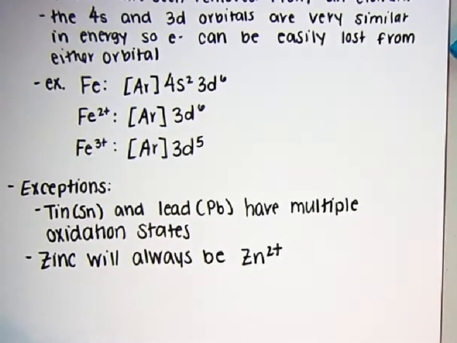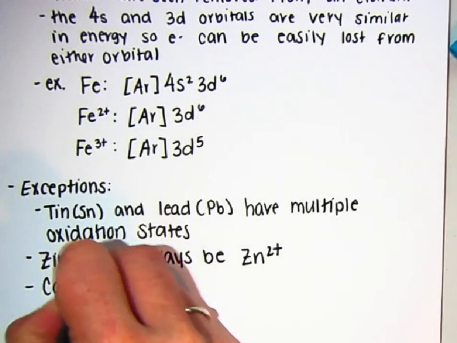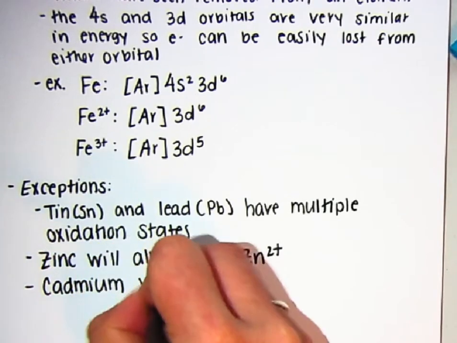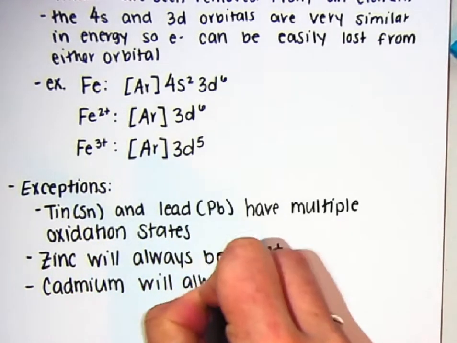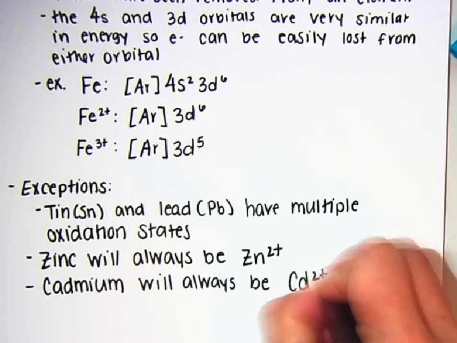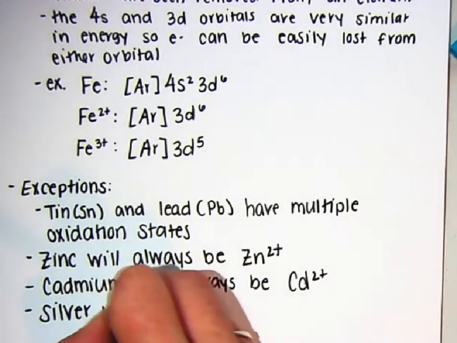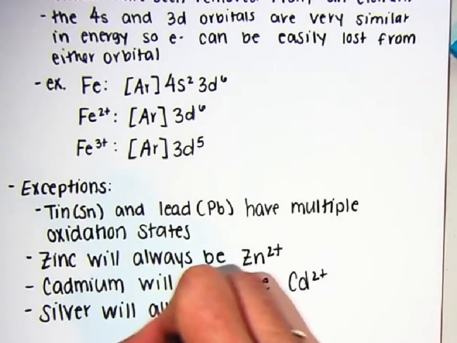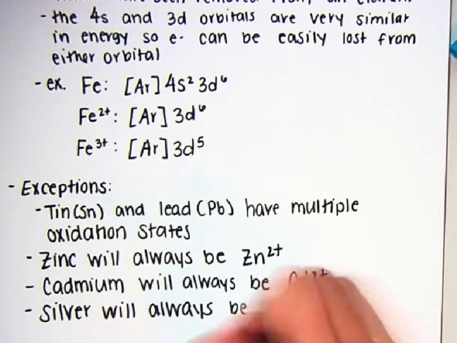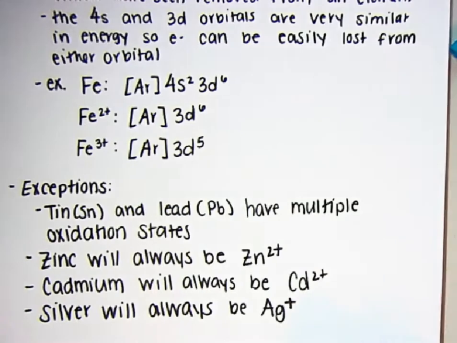Zinc is an element that does not have multiple oxidation states, so this is one you should memorize. Zinc will always be 2+. Cadmium will always be 2+. Silver will always be 1+. So those are 3 that you should know.